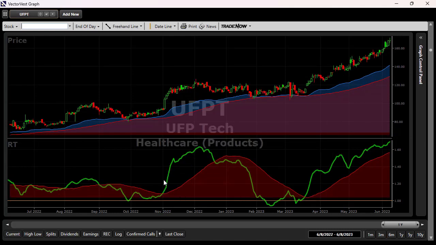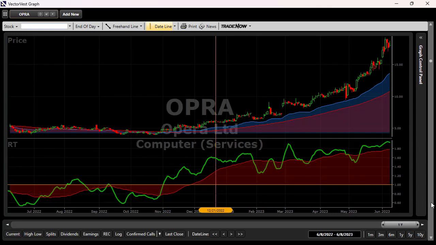UFPT with a nice entry here. And an exit here. One of the things I like is the 5-day crossing below the 40 typically happens before the peak, which will always be lagging, of course, the actual peak in price. So a little bit earlier exit out of flagging price action can be helpful.